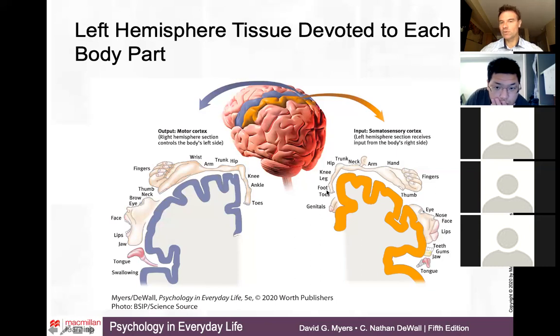Let's say your toes. Your toes are important, but you don't perform as many tasks with your toes as you do with your hands on a regular basis. Therefore, there's a corresponding motor area and somatosensory area to facilitate such complex behaviors.